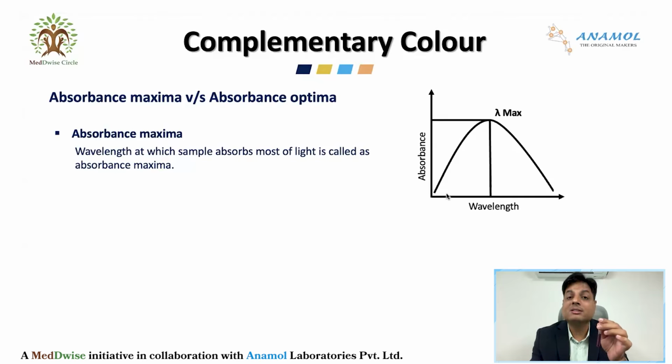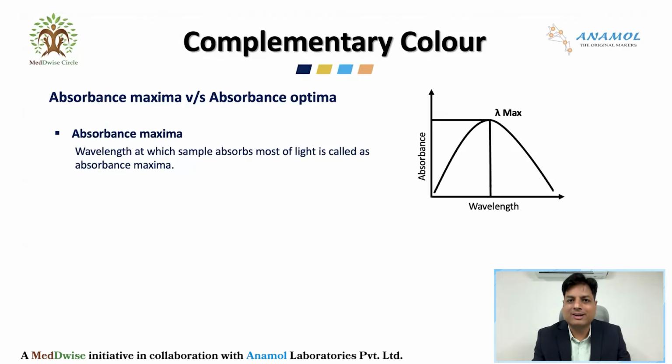But as we start increasing the wavelength from 600 to 601, 602, and so on, we will see that the absorbance has started to increase. That means this solution is starting to absorb the light. We will see that at a particular wavelength, the absorbance by the solution is maximum, as shown in this graph.